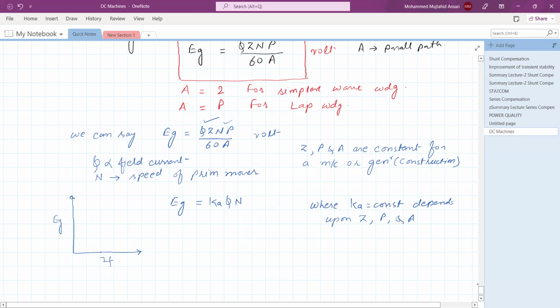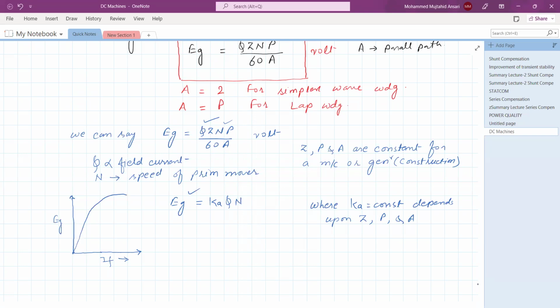So at zero field current, the flux is zero. As the current increases in the field winding in this direction, the flux also increases and hence the EMF also increases. So we will find such a type of curve, and at a particular position the magnetic material gets saturated and the EMF generated also saturates.